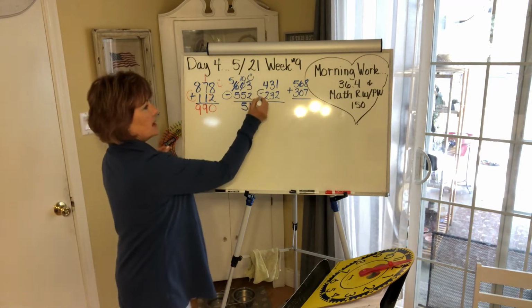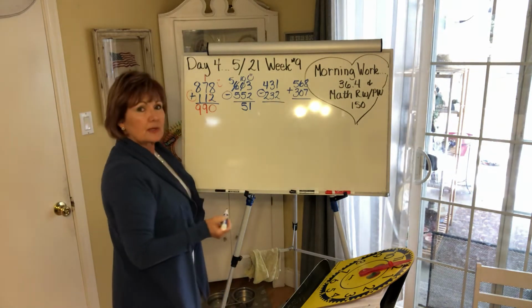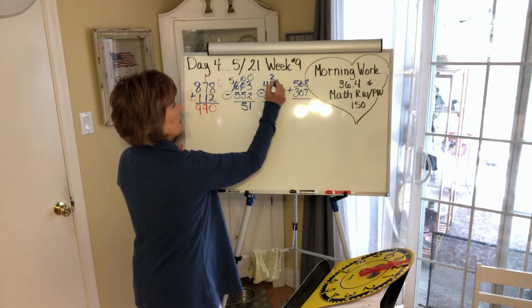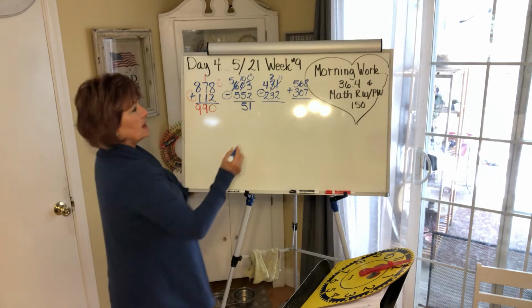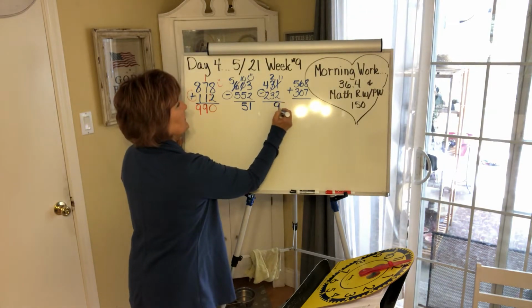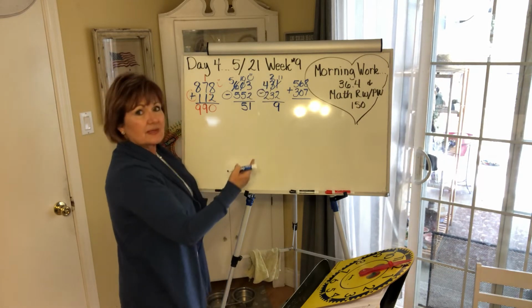Okay, check it out. We're subtracting. You've got 1, you're going to take away 2. If you have 1, you cannot take away 2. So we've got to go next door and borrow 10 more. 11, take away 2, there's your answer, 9. Did you get that? 9 plus 2 makes 11. Now look what we did to ourselves.